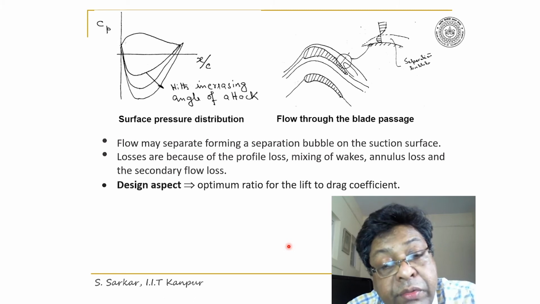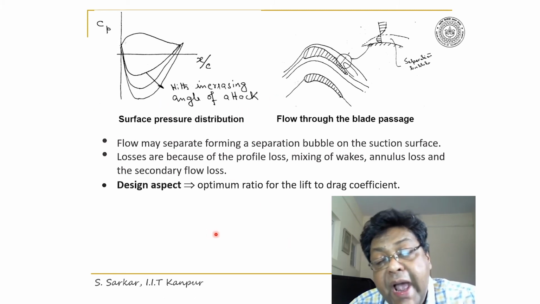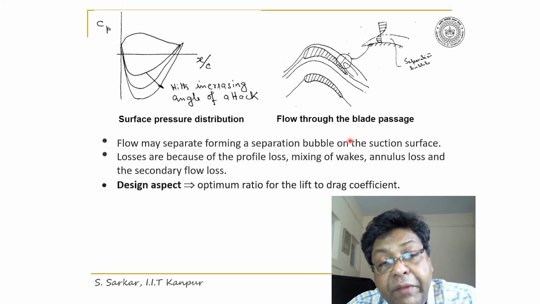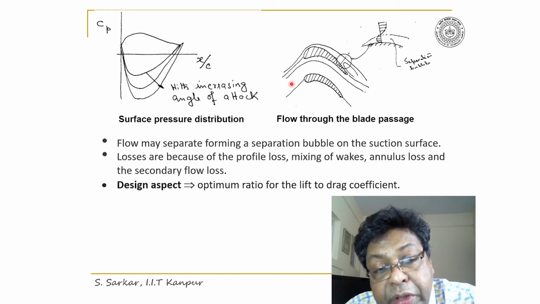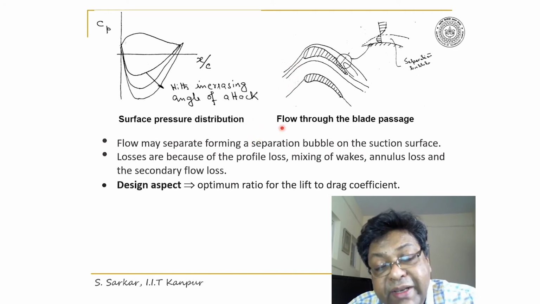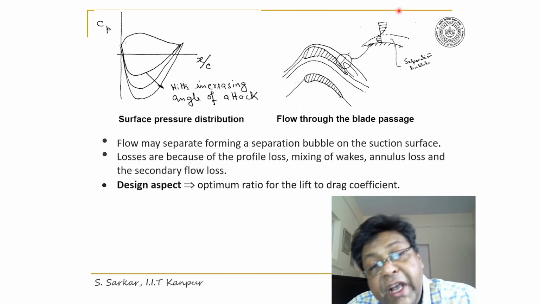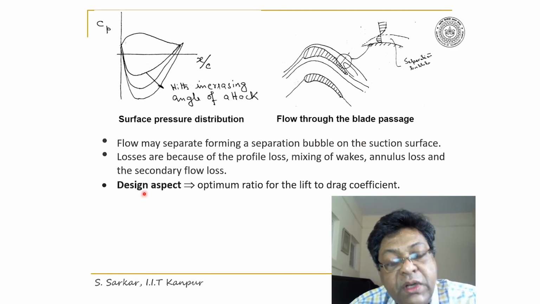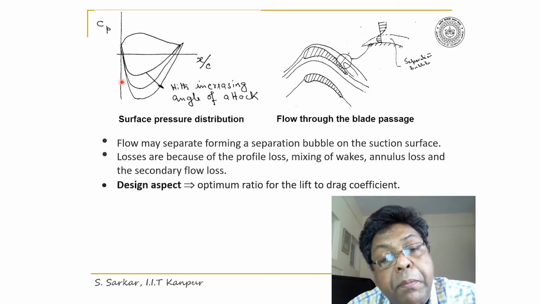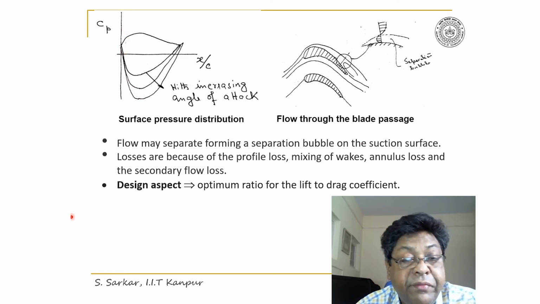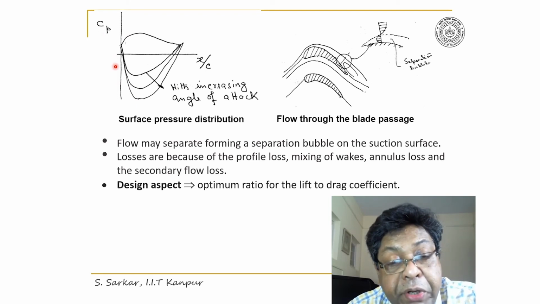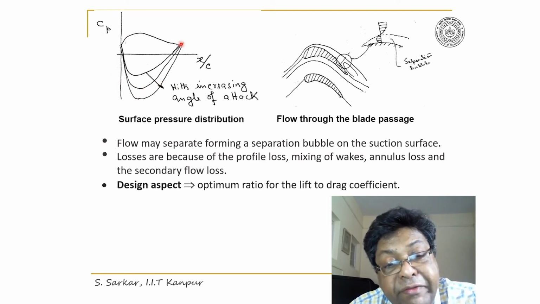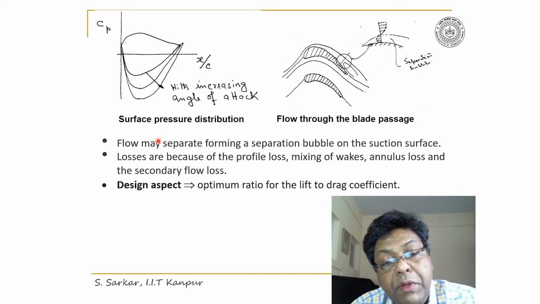And look, if we increase the angle of attack, which tells you the direction of the flow with respect to the blade, you can produce a higher adverse pressure gradient in the second half of the blade.